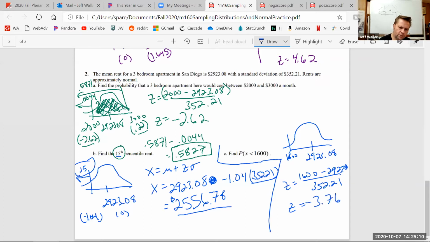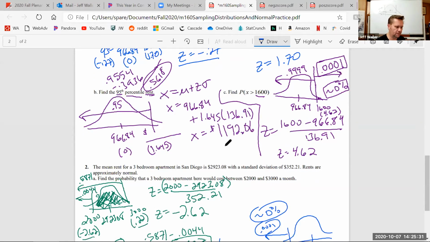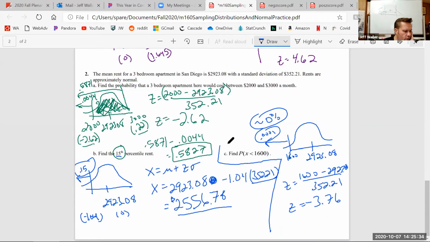Yeah, and that's off the chart. So you can either use 0.0001 as your answer, or you can say about 0%. Either way. So in San Diego, almost none of the places are below 1600. And in this district in New Zealand, almost none of the places are above 1600. Of course, you probably get a lot less money when you work jobs there, but still kind of averages out. Probably better.